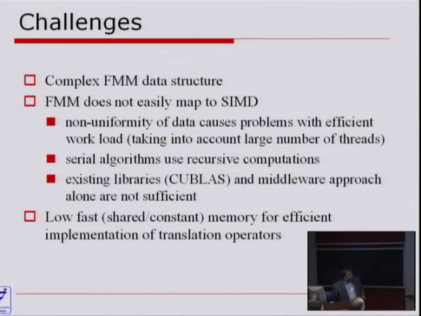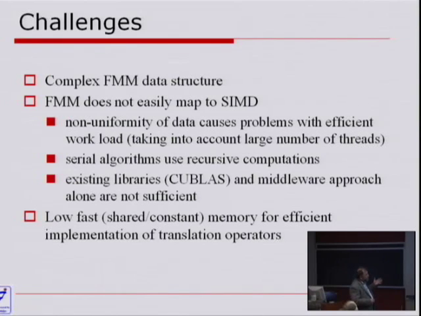Among these challenges we have the complex FMM data structure, which is not natively suited to SIMD, as this technique is not designed to handle complex data structures. It also includes the non-uniformity of data, because our particles or stars or whatever can be distributed extremely non-uniformly.